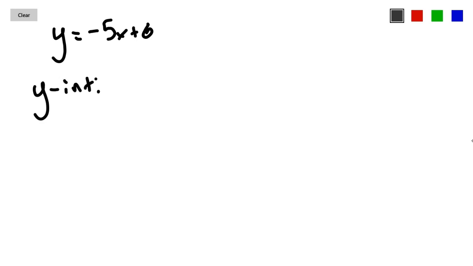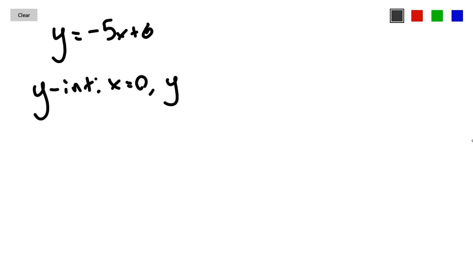Okay, let's go into another example. Let's say that I have y is equal to negative 5x plus 6. So I'm going to try the y-intercept first. So that means setting x equal to 0. And if I set x equal to 0, well, we recognize that this is in slope-intercept form. So I know that my y-intercept is going to be the point 0, 6. But I'll plug in x is equal to 0 just so you can see.